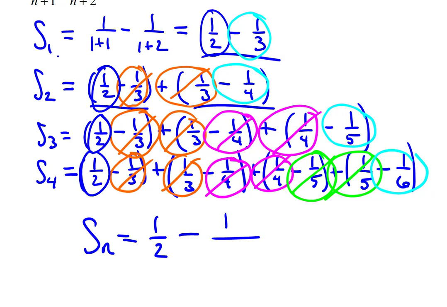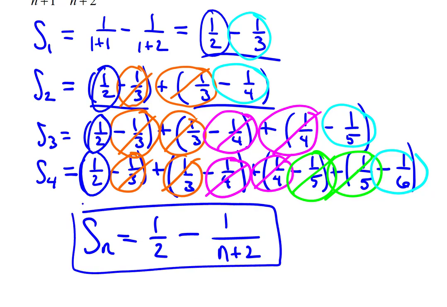So like s sub 1 ends with a 1/3, s sub 2 ends with a 1/4, s sub 3 ends with a 1/5. So if we simply add 2 to the index, we seem to get the denominator in that last term, which means I should be able to write an n plus 2 as how to define that denominator of the second fraction, which means this should fit as our nth term definition.